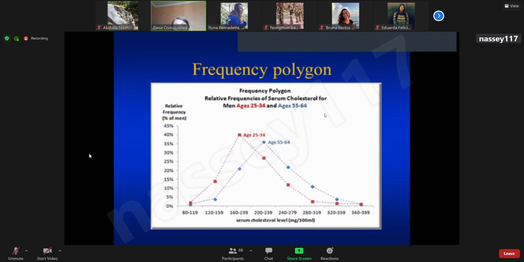For example, we study serum cholesterol in males aged 25 to 34 and 55 to 64. We see that the frequency polygons are different, and the one for the older people shifts to the higher values of serum cholesterol level.